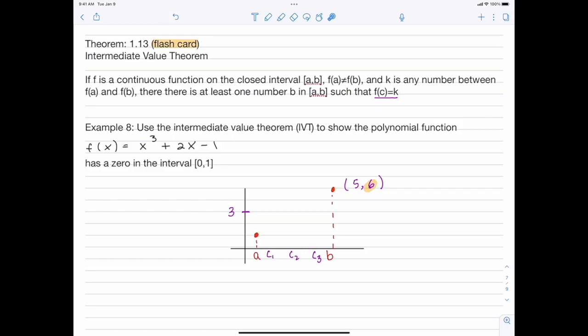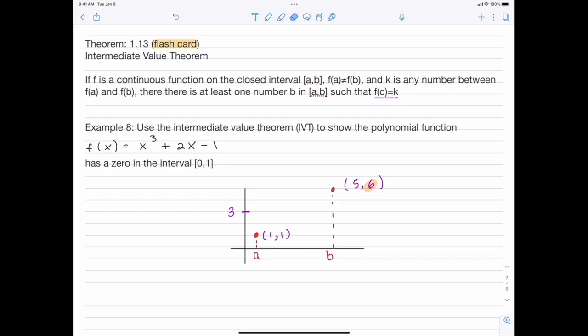But again, we know that this k output value, 3, is between f of a and f of b. In other words, we know that 3 is between 1 and 6. All we know from this function is that there must be at least some c value on the interval from a to b such that f of c equals 3.